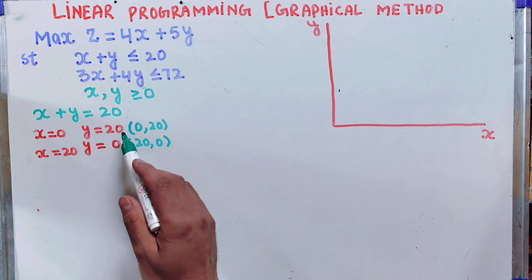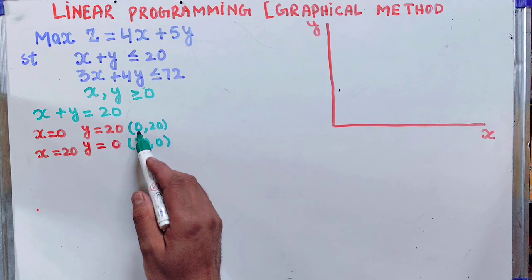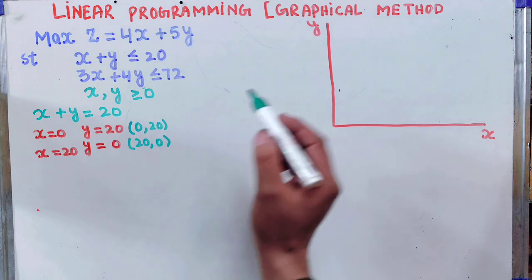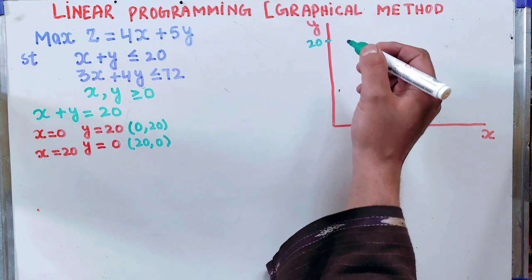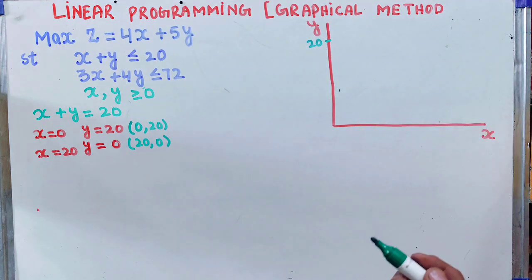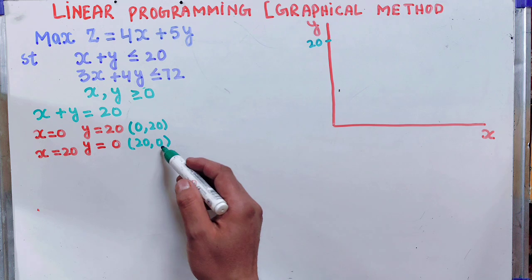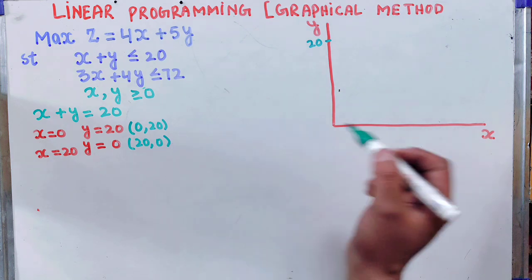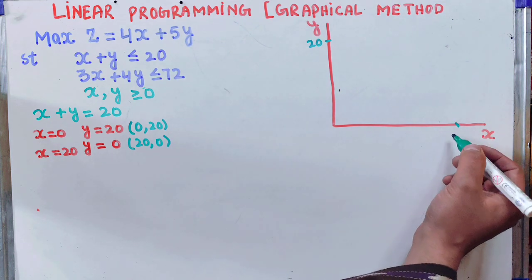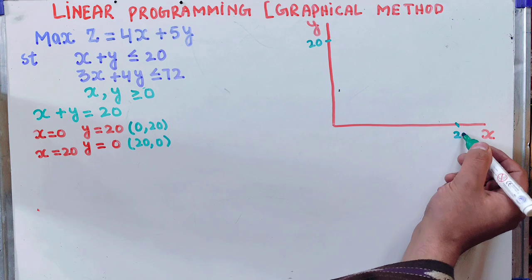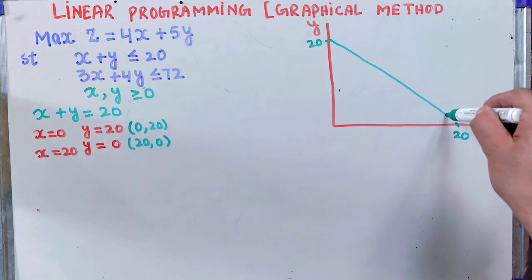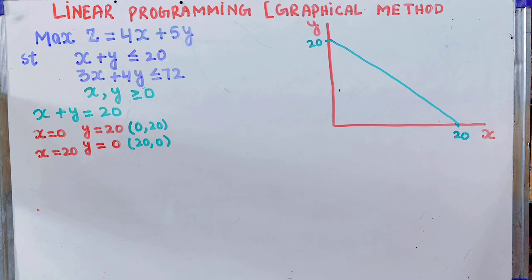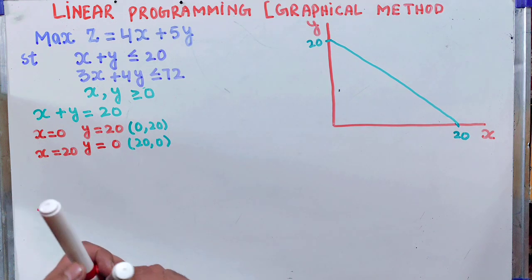So when x is equal to 0, y is equal to 20. Let us say this point is our 20. Similarly, when x is equal to 20, y is equal to 0. Let us say this point is where x is equal to 20. Then we draw the line. This is for the first constraint.